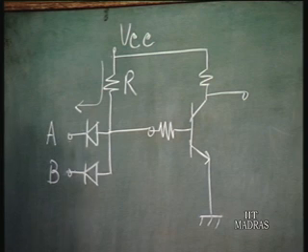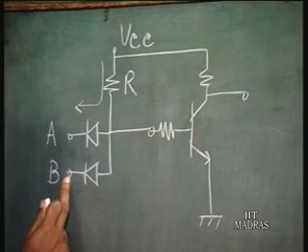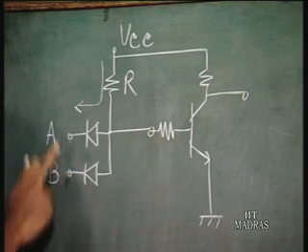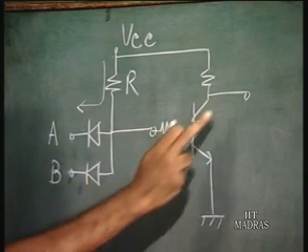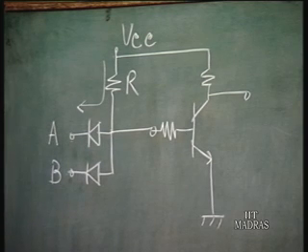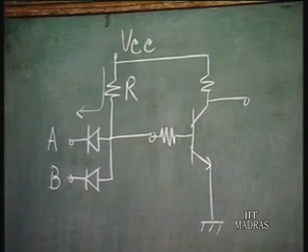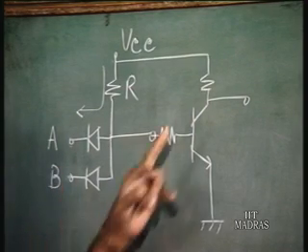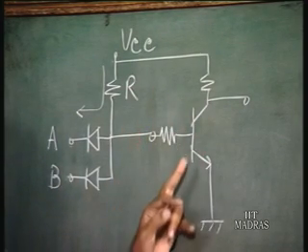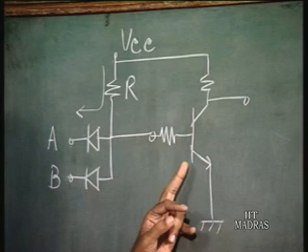Now the question is, when any of the inputs is low, the output should be high, because this is a NAND gate, which means that when any input is low, the output transistor should be cut off.